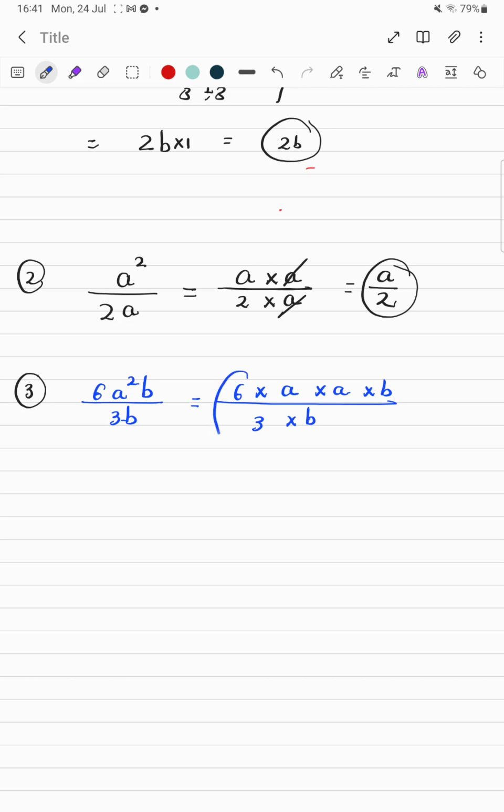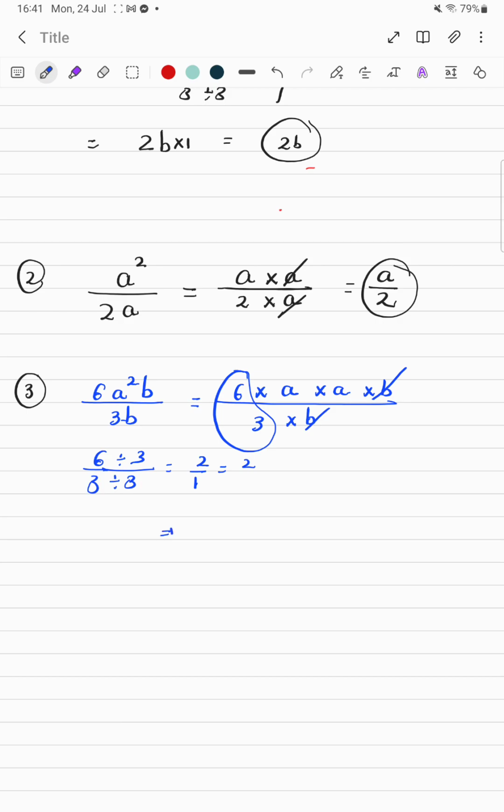Here again I have numbers in the numerator and denominator, and in the previous example we learned that 6 and 3 have a highest common factor of 3, so I can cancel 6 and 3 both by 3. So this will be 2, or 2 over 1, which we can write as 2. Then b and b will be cancelled out.